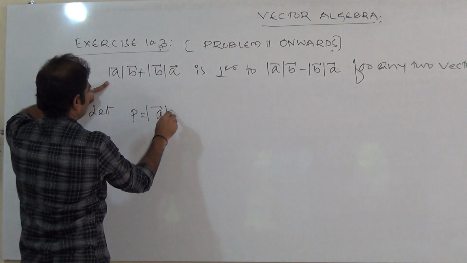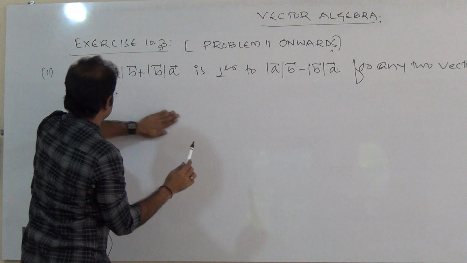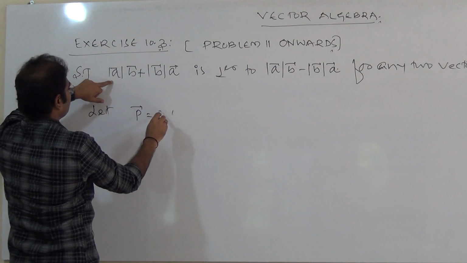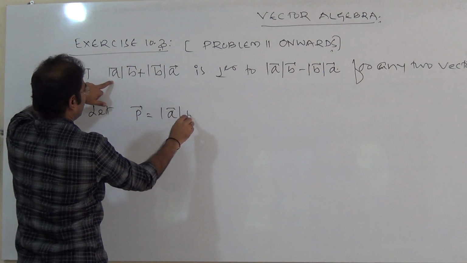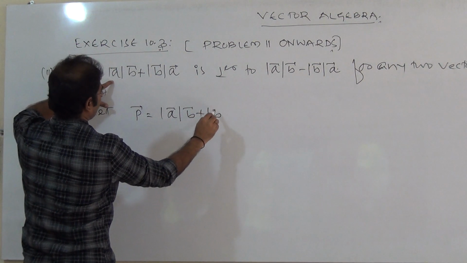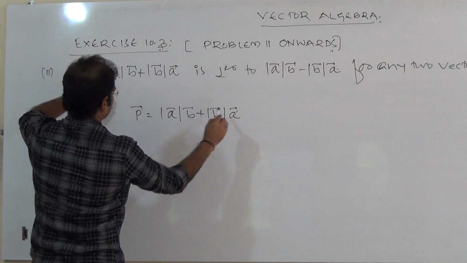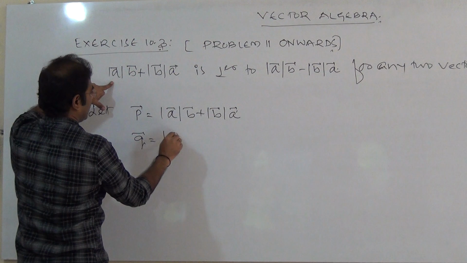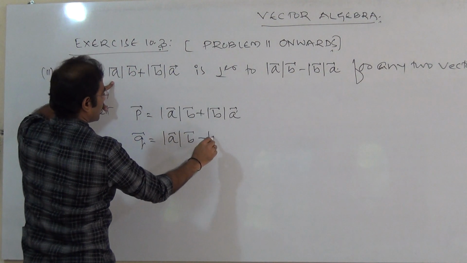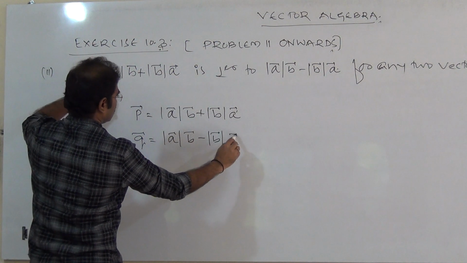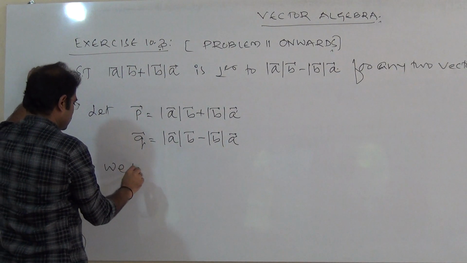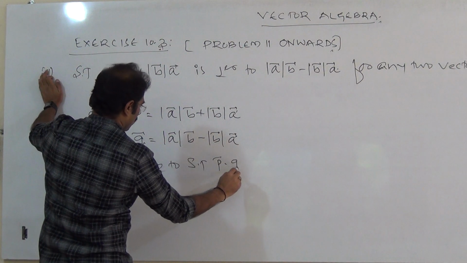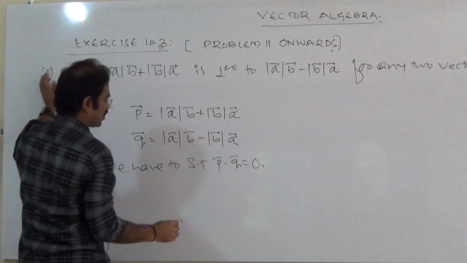Say P is equal to magnitude of A into B plus magnitude of B into A. Q is equal to magnitude of A into B minus magnitude of B into A. We have to show that P dot Q is equal to 0 because they are perpendicular.